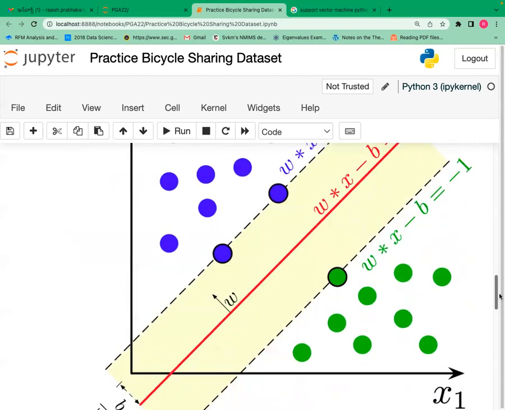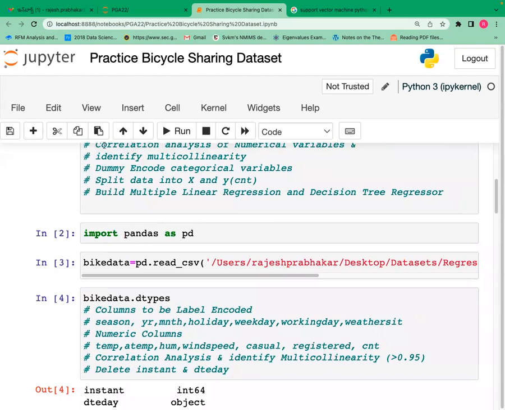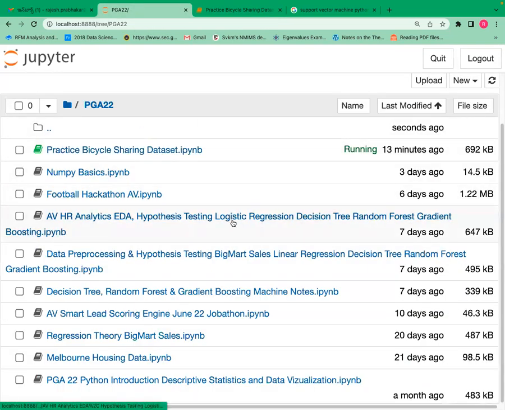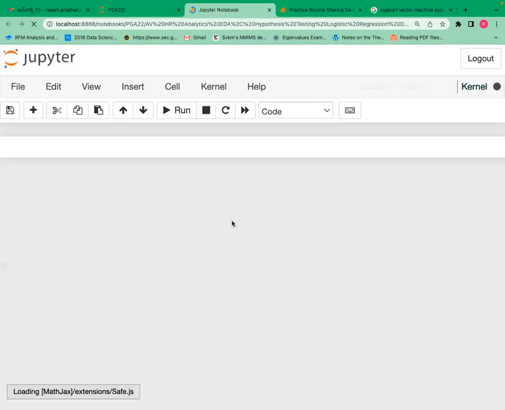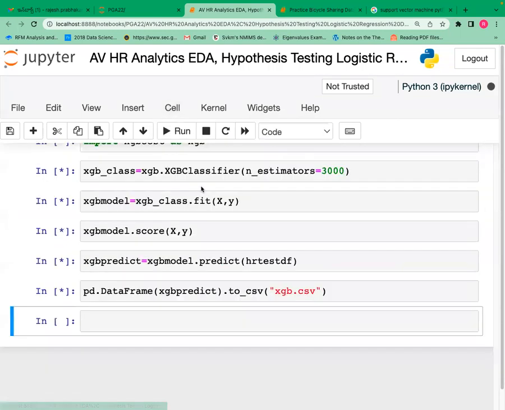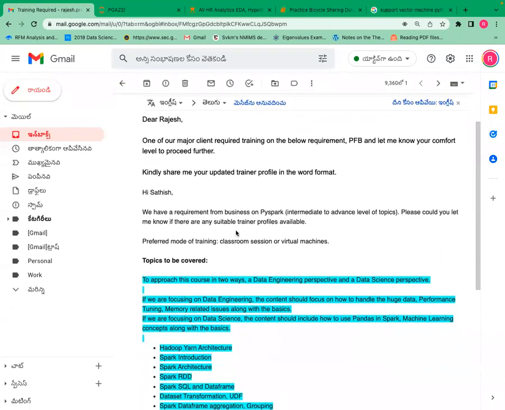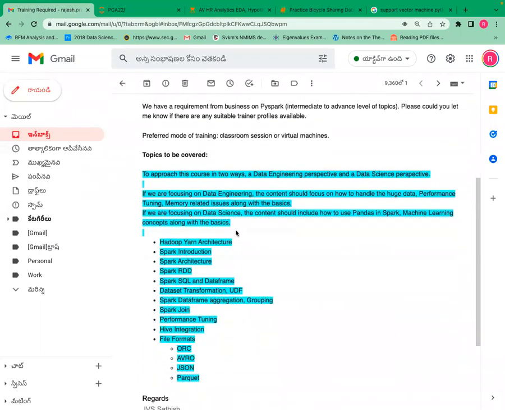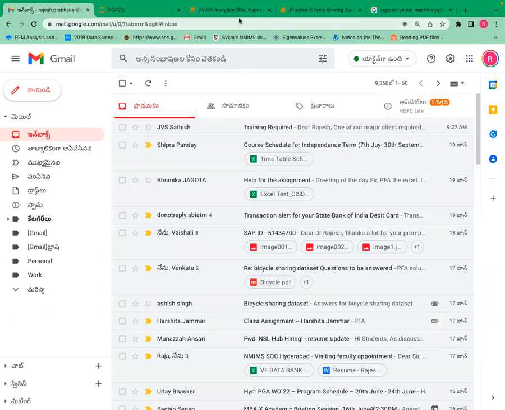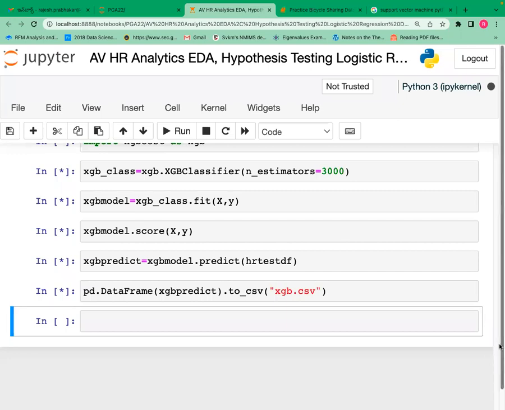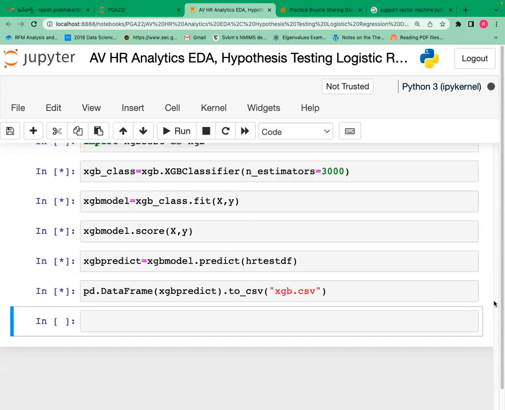So this is the theoretical background of support vector machines. Now we will apply this to the HR analytics data, so that we can do a comparative analysis of how it performed. All of you can open the notebook, the HR analytics model, and run all the cells. We will implement support vector machine.